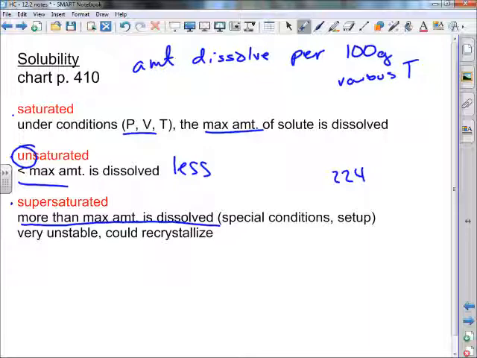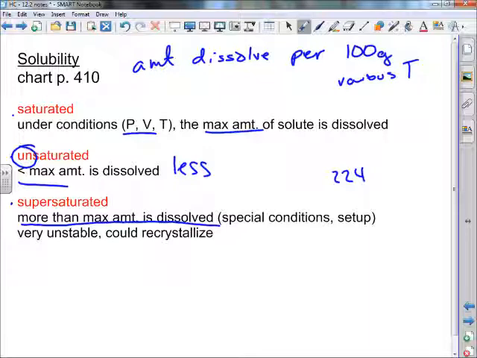So if we were to take 38 grams of salt and stir it and heat it and do all those things under special conditions and setup, we might be able to make it maintain that amount that's being dissolved. Now, salt's maybe not a great example, because if you look on the chart on 410, the only way you can get up to 38 grams is if you heat the water all the way up to 80 degrees Celsius.